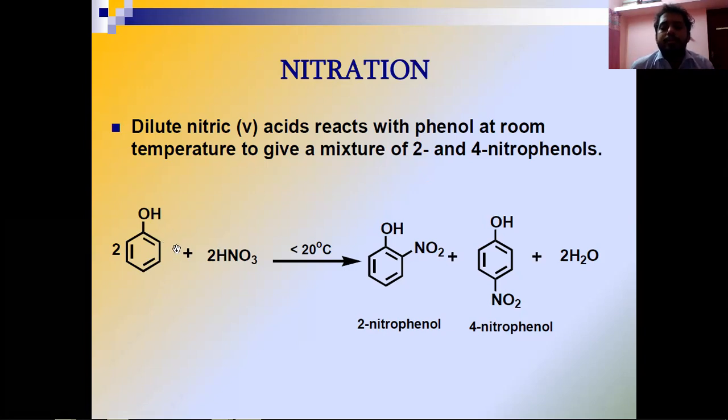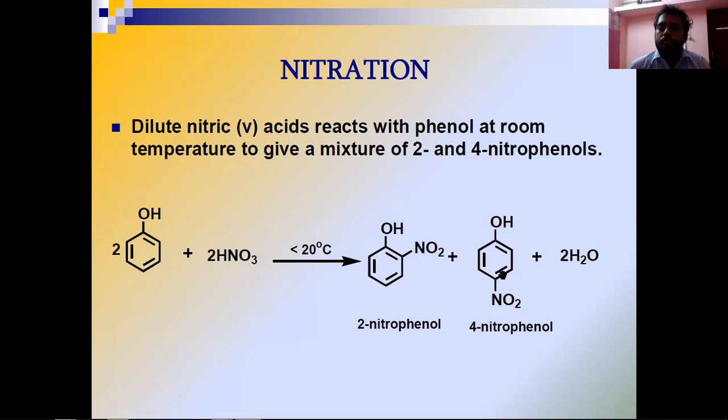In all these cases, the ortho and para positions are being reacted because in phenoxide ion, in phenols, the electron density is more concentrated at the ortho and para positions. So at less than room temperature, you do this reaction, you will get 2 nitrophenols, either ortho substituted product or para substituted product.